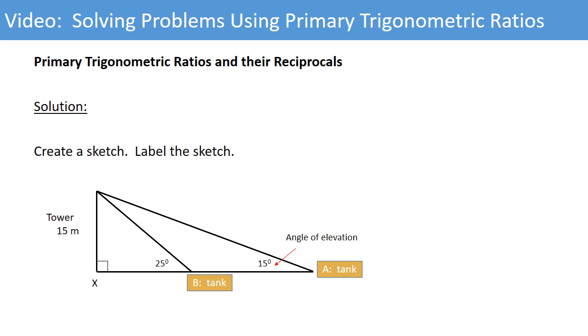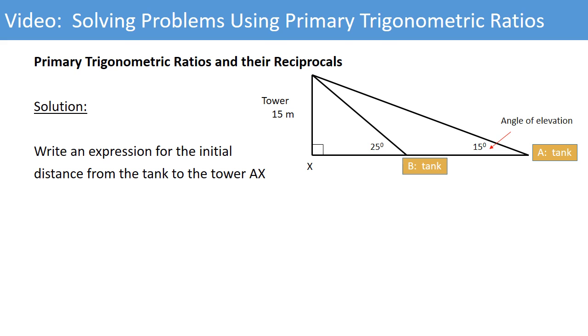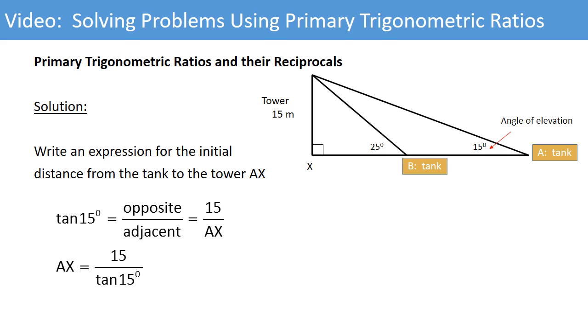What comes next? Now, write an expression for the initial distance from the tank at position A to the tower at position X. Now, AX is the adjacent side to A, and the tower is the opposite side to the tank at position A, so we will use tan theta, which we know is 15 degrees.